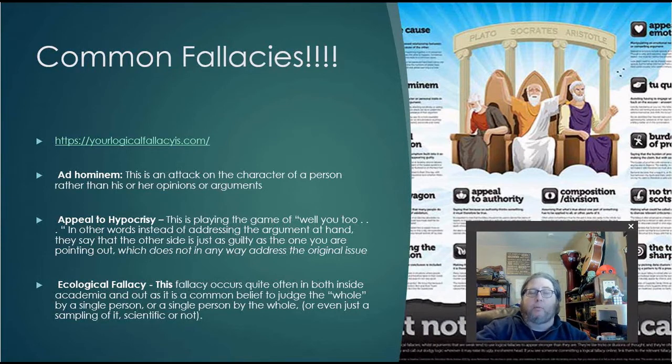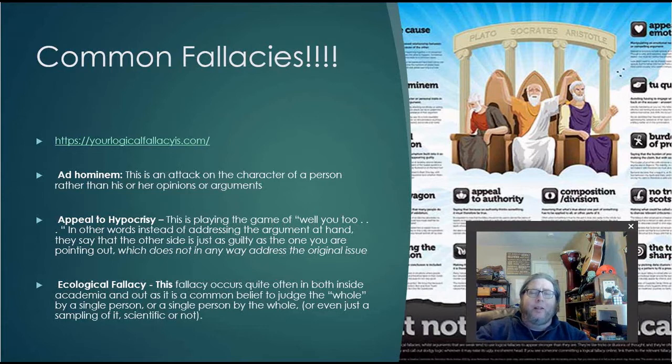An example, person A says, you cheated on that test. Then person B says, well, but I saw you cheat on a test last semester. Well, the issue is not whether person A is wrong one way or the other in this instance. Person B, instead of addressing the issue, decided to attack the person they were speaking to.